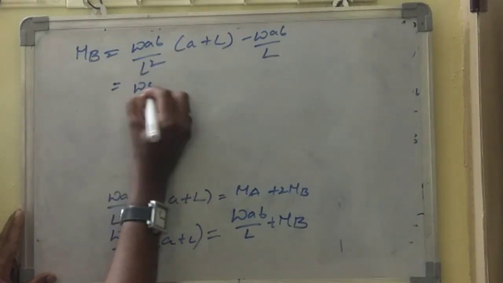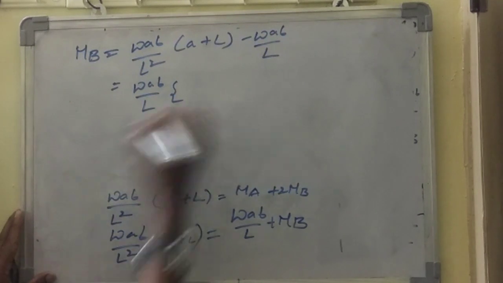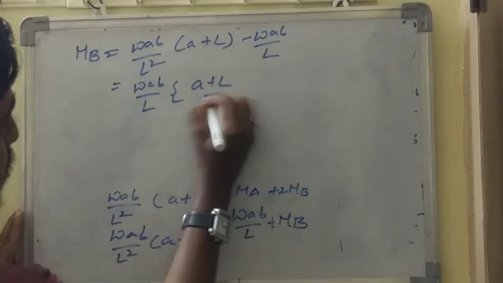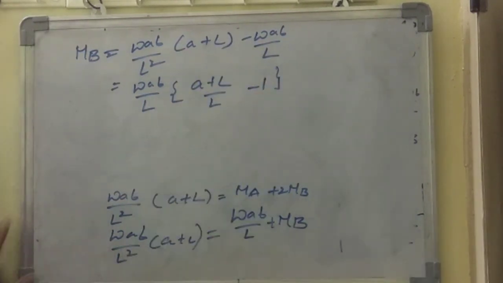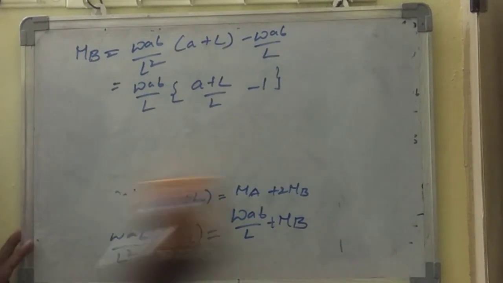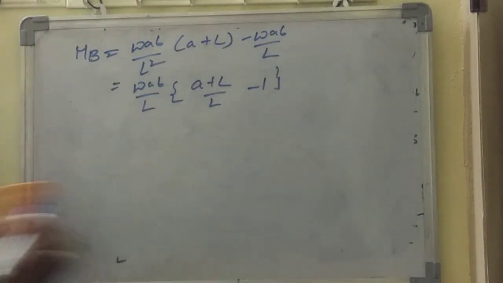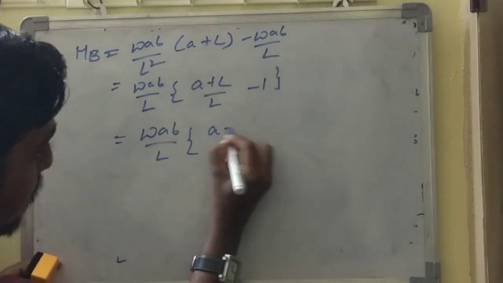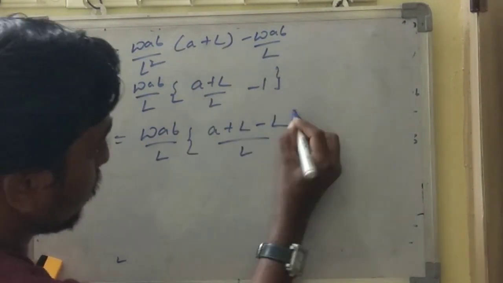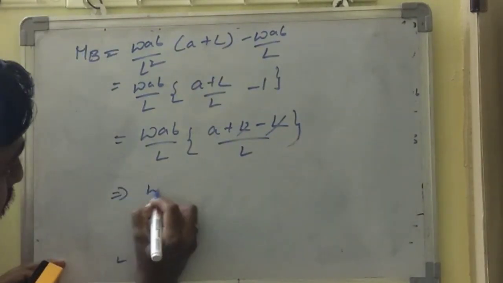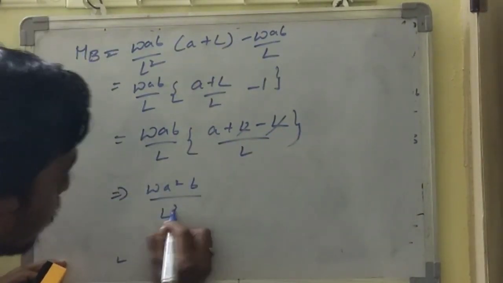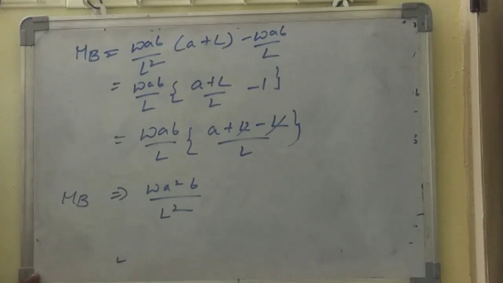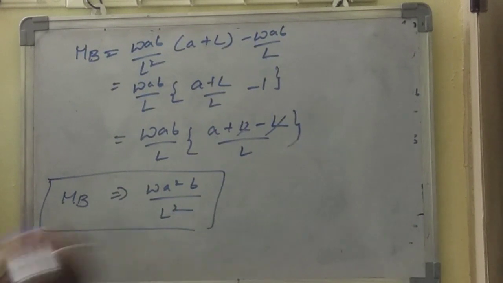So taking WAB/L outside common, here it will be (A + L)/L minus 1. So WAB/L into (A + L − L)/L. Cancel these two L values. You will get WA²B/L². So your MB value will be equal to WA²B/L². So you will get one fixing moment at end B.